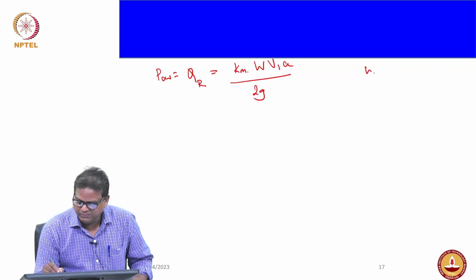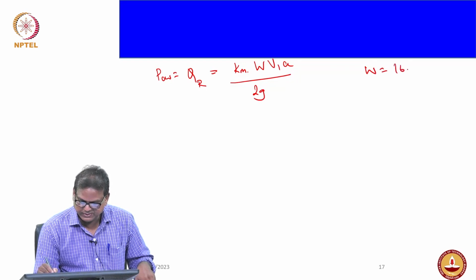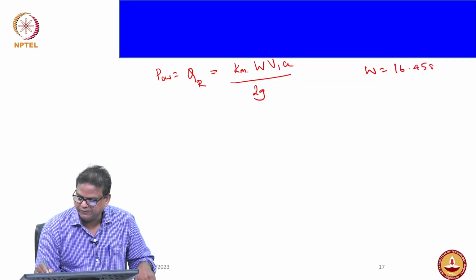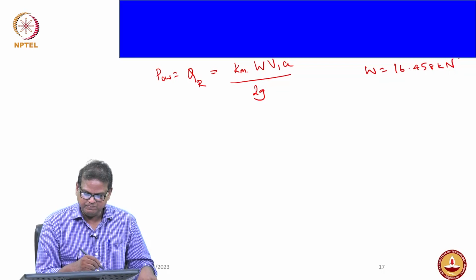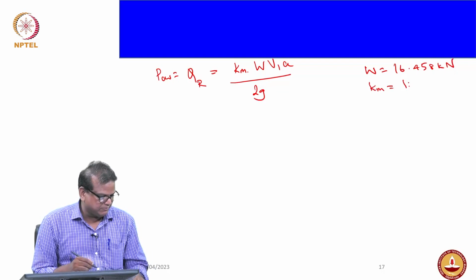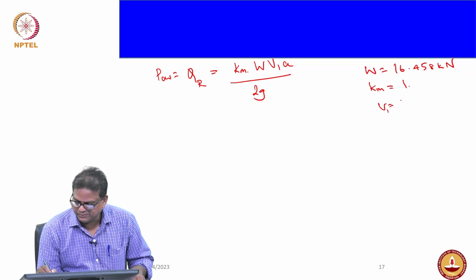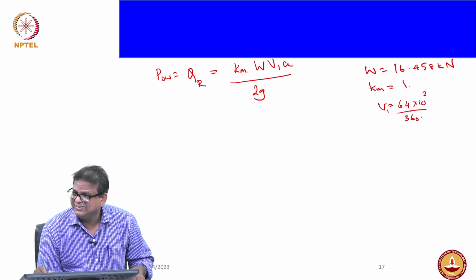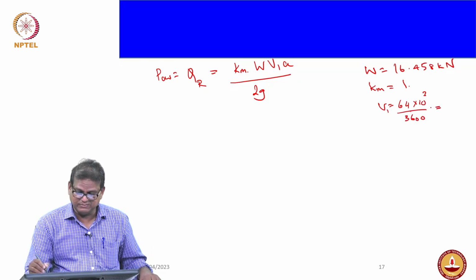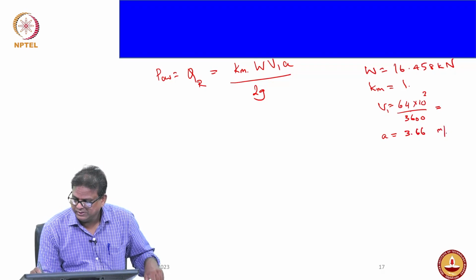Your W is 16.458 kilonewton, clearly given. Km is not given, so we assume Km equal to 1. The velocity is 64 kilometer per hour, that is 64 into 10 power 3 by 3600 meter per second. Your deceleration rate is 3.66 meter per second square.